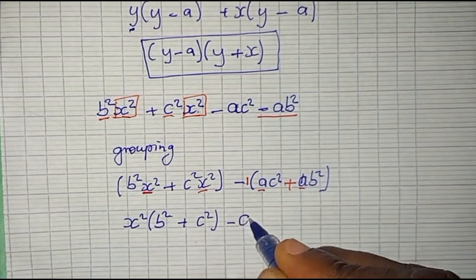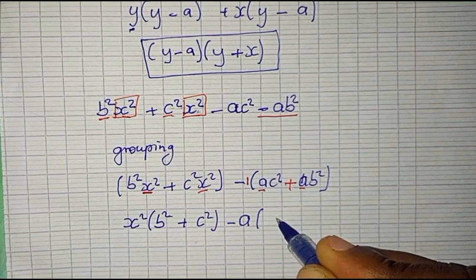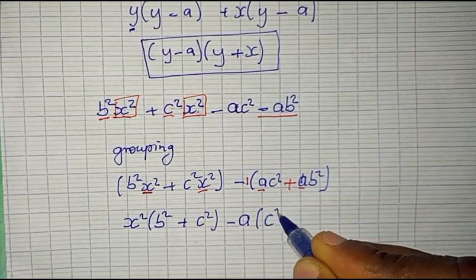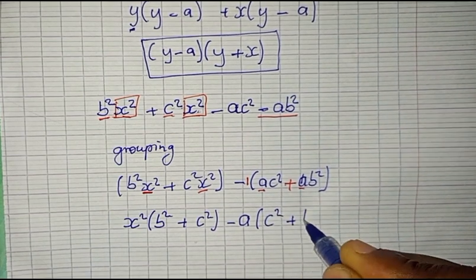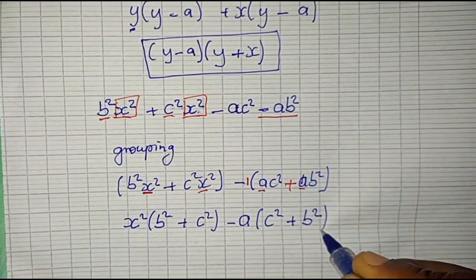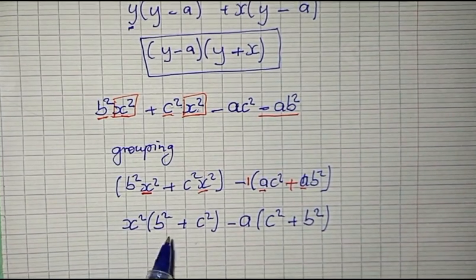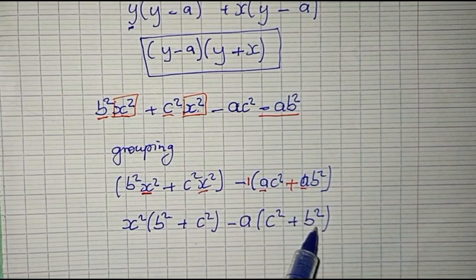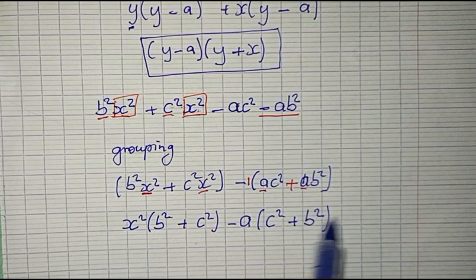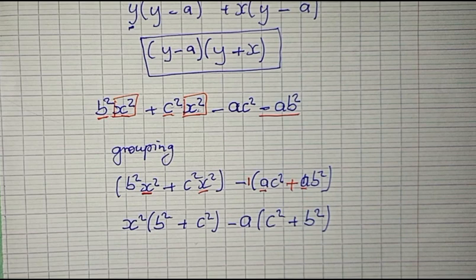Taking a out, I have c squared plus b squared. So b squared plus c squared, or c squared plus b squared, is the same thing. The common factor here is b squared plus c squared.